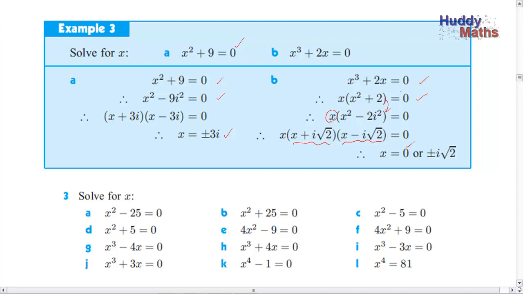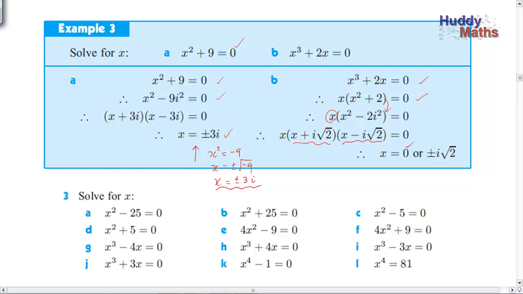Of course, you could say x squared is -9 and then x is plus or minus the root of -9, doing it that way without factorising, which is plus or minus 3i.